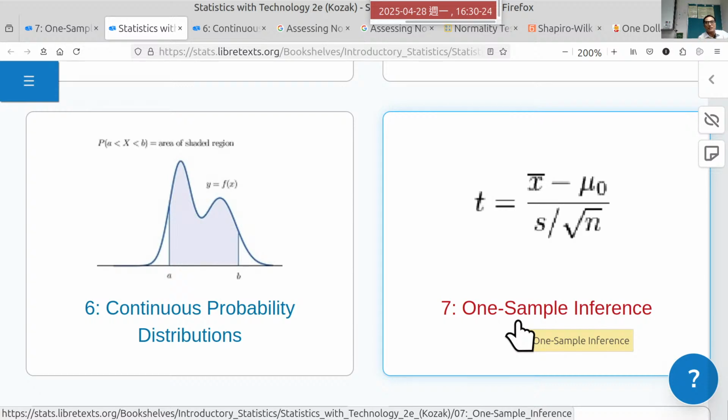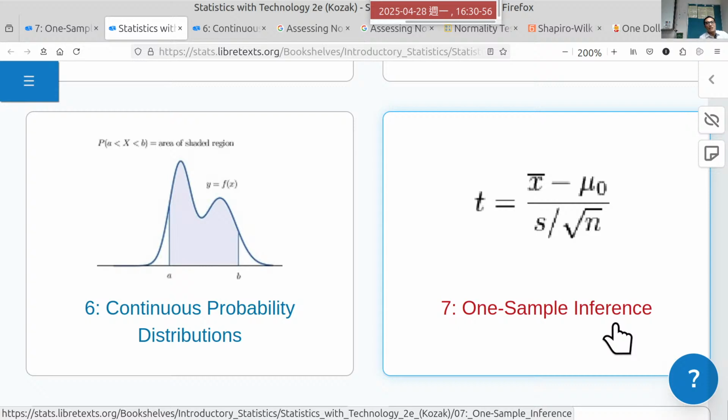But it's impossible for us because we have only limited money and limited labor. It's impossible to investigate every member in the population. Thus, we try to select some useful information. That is called sampling. And now, chapter number 7, we try to use a sample to infer the big population.